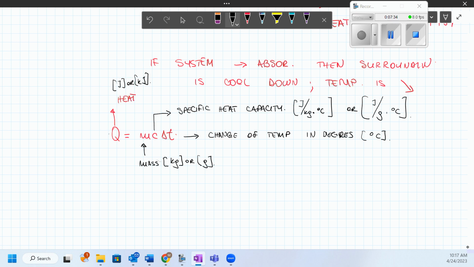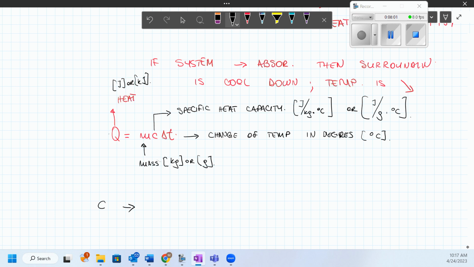Now, specific heat capacity, C, is telling us what is the heat, what is the energy that you need to inject or absorb from 1 gram of matter to change the temperature by 1 degree Celsius.